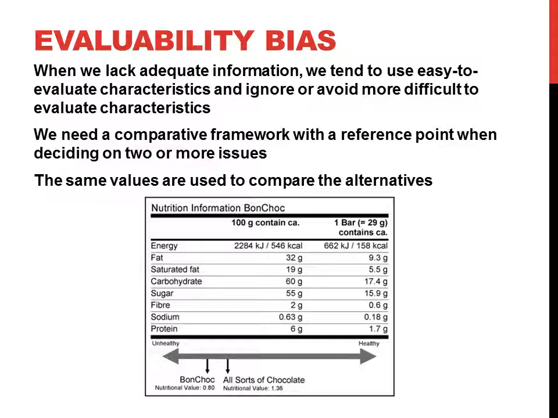In the example of a chocolate bar, or perhaps other food items, when we don't have a lot of information or a comparative framework, we'll make a decision comparing maybe the labels or the pictures or other things rather than looking at complex information. And this occurs quite frequently.